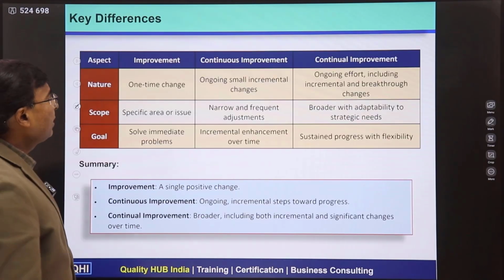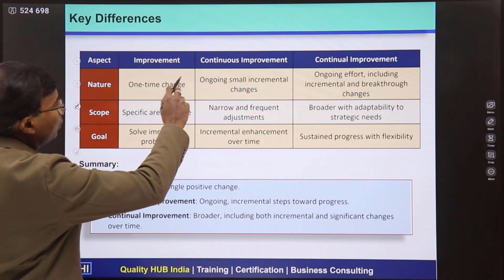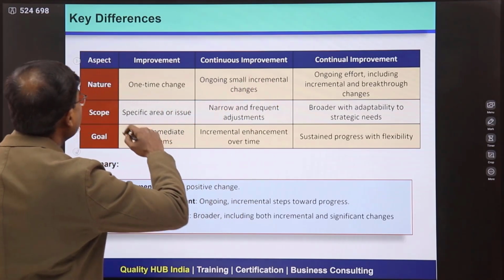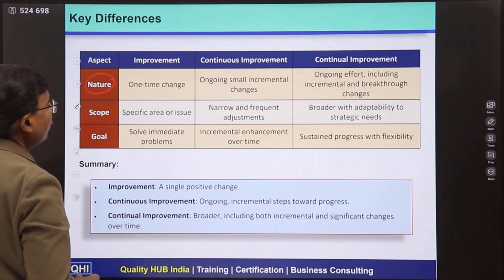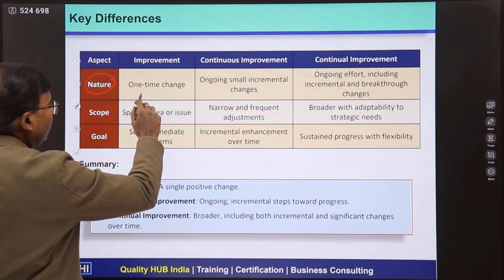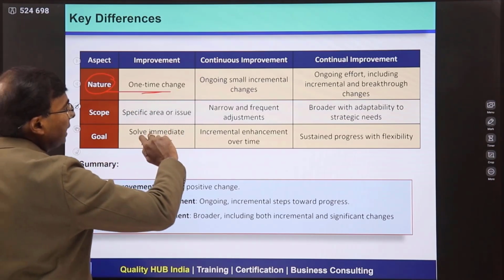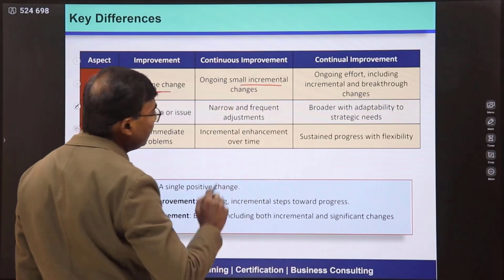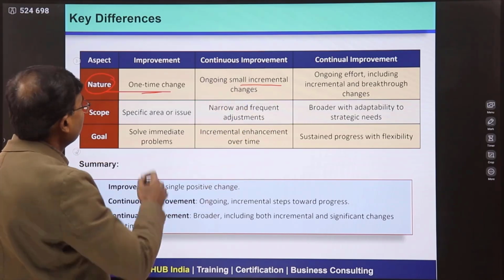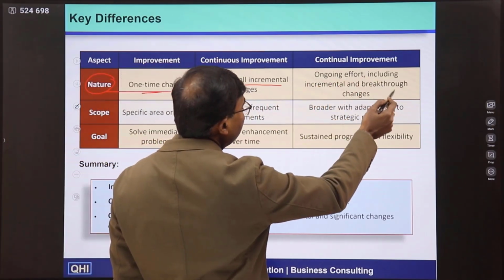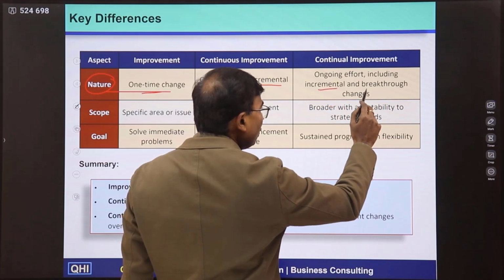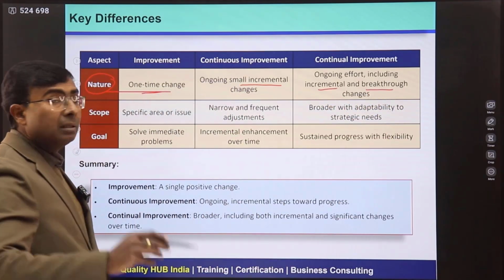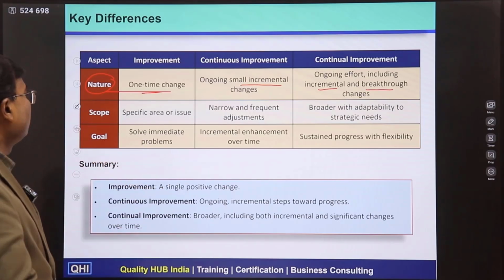Now to summarize the difference between improvement, continual improvement and continuous improvement: when we talk about the nature of improvement, improvement is a one-time change, whereas continuous is ongoing, small, incremental, recurring change. Continual improvement is sustained improvement, including incremental; there could be breakthroughs also.